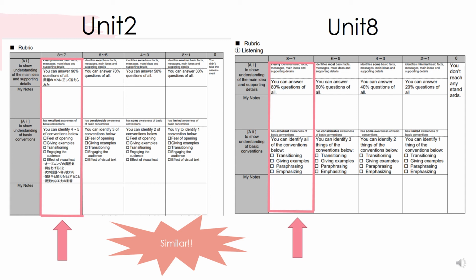And this is a rubric of Unit 8. It says you can answer 80% of all questions in score 8 to 7. These are similar, so you can use the same skills in similar units.